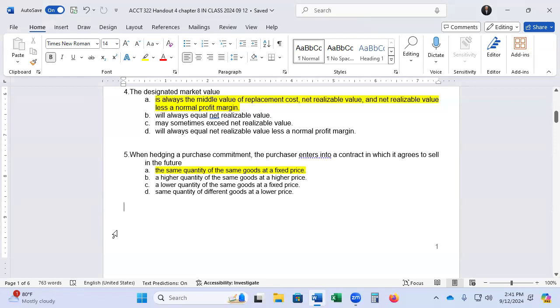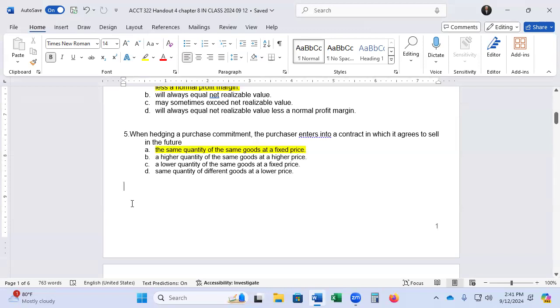You know what your product's going to cost now for the next year, but if that changes, you can reduce that big loss that you could potentially have if that cost was to go way down for those products. And as a result, you would be paying a lot more, but because you're buying and selling on those future contracts, you can end up just buying it at that regular price.